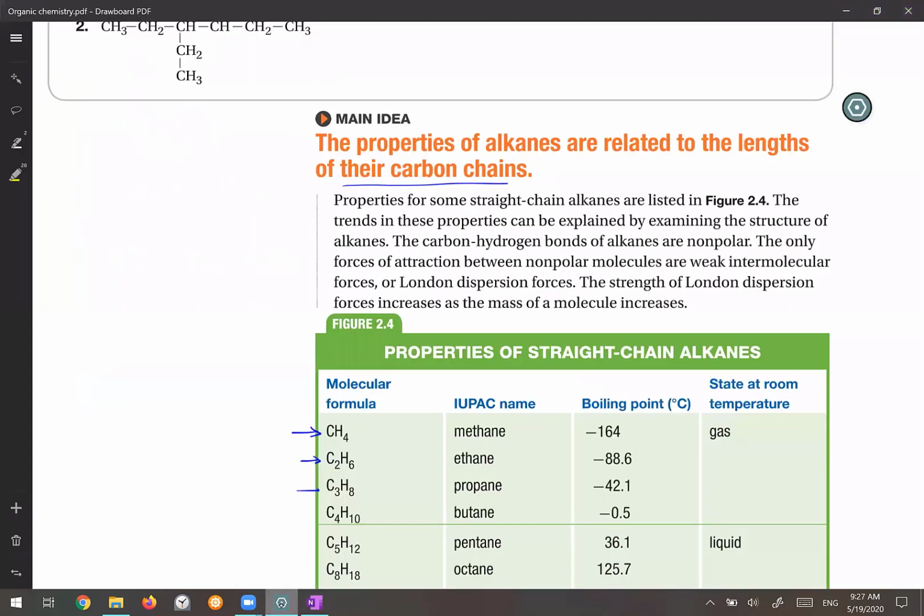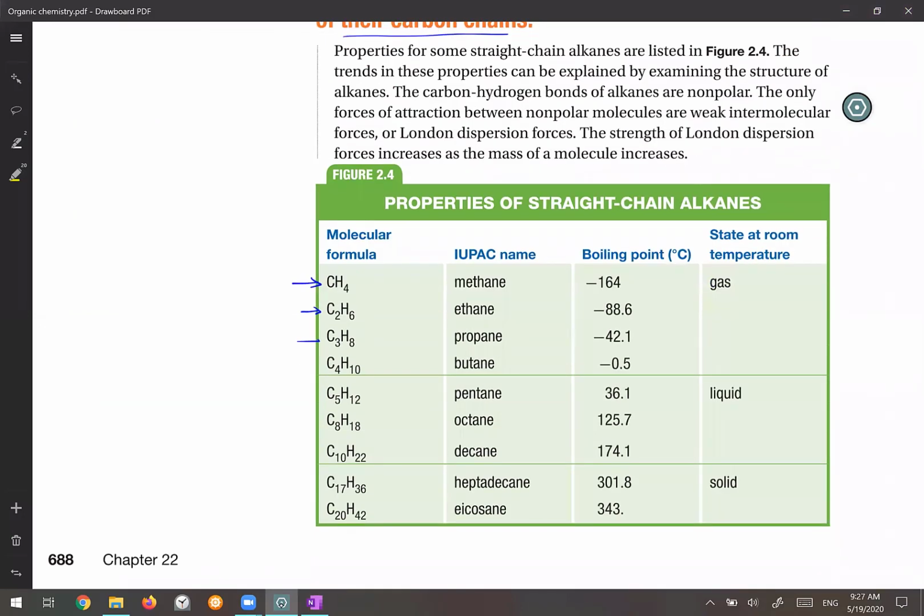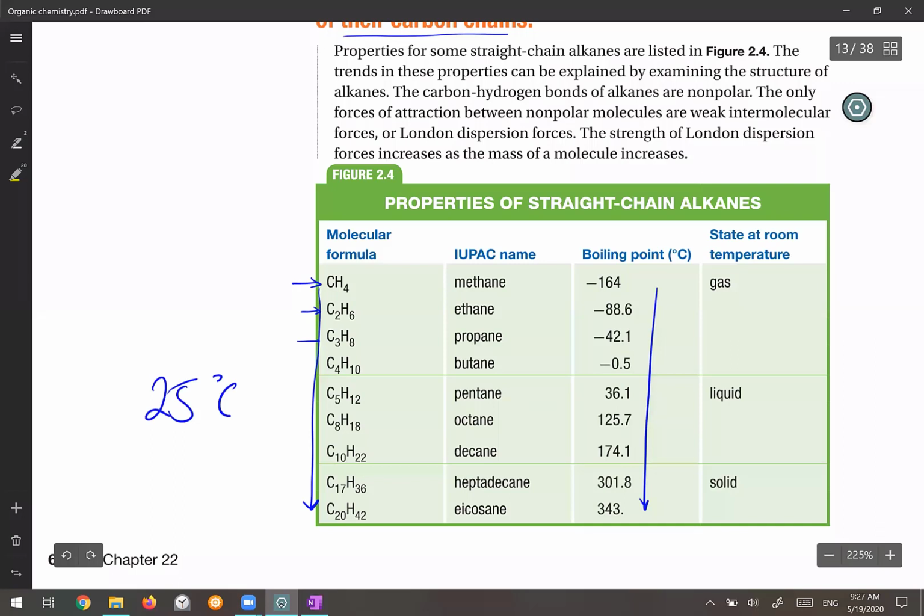Here in your book, in this table, the boiling points of these alkanes are given. You can see that by increasing the number of carbons, their boiling points increase. Suppose the room temperature is 25 degrees centigrade. For the first four alkanes, their boiling points are below the room temperature.